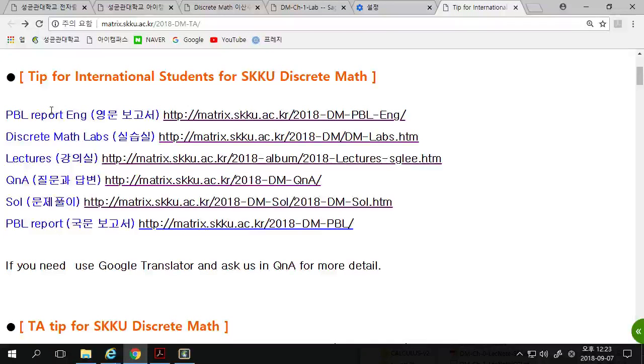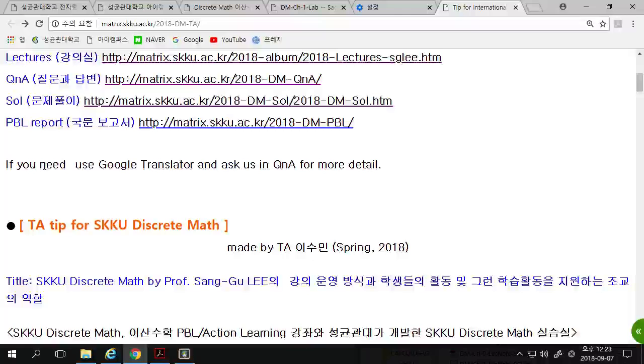Basically most of this information was written in English, but some is written in Korean by Korean students. So when you need to use the English version of those, as you see, I made it as a text there, so you can copy those and translate it into English by using Google Translator.